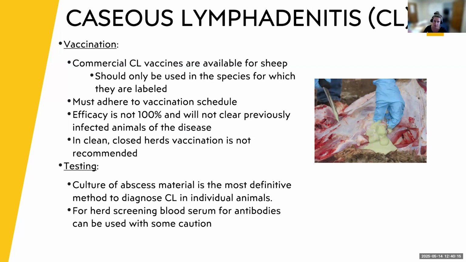So it's important to understand, even if you give this vaccine, you should still be checking your animals for those abscesses. It's harder to test them for it after they've been vaccinated because the vaccine can cause positive results. And so you'd really just have to look at their body condition as well as any presence of abscesses.